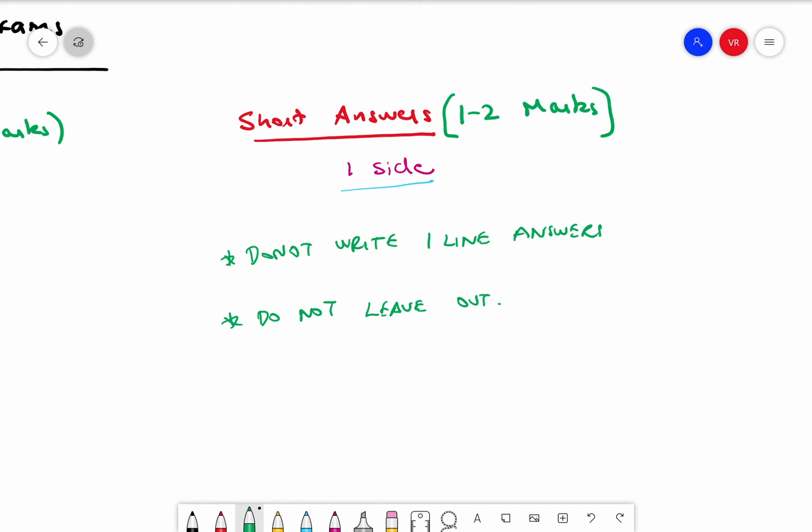For example, they ask you something about profunda brachii and you forget what profunda brachii is. At least write that it's a blood vessel from the brachial artery. If you don't remember from the brachial artery, just leave it. It's a blood vessel and it supplies blood. You answer like that at least. Okay. If you're not sure about where it's located and all of those things.